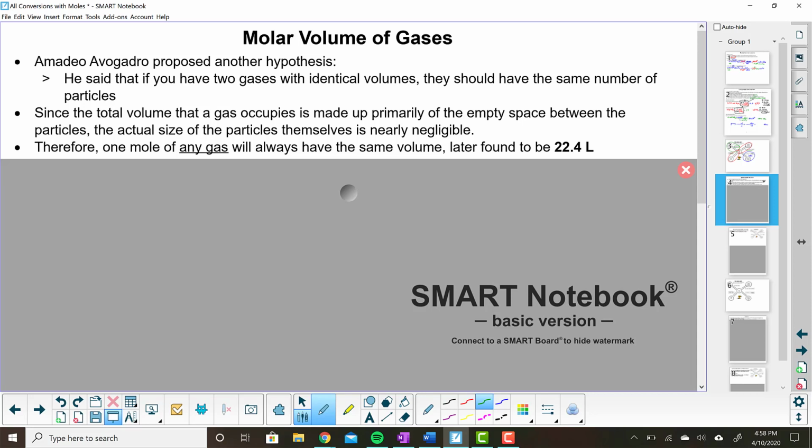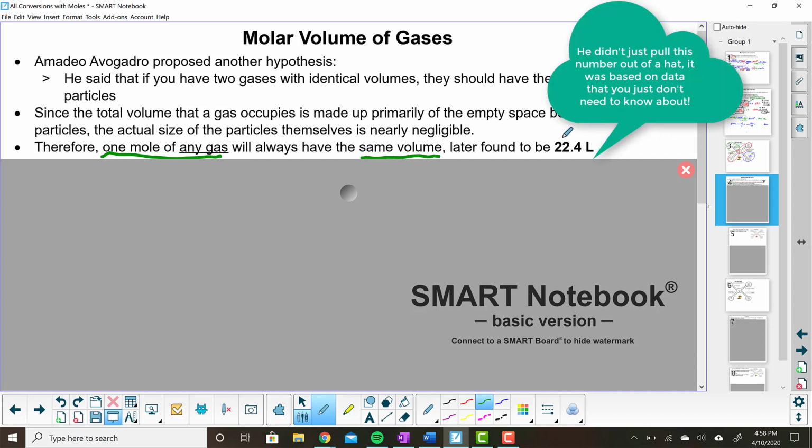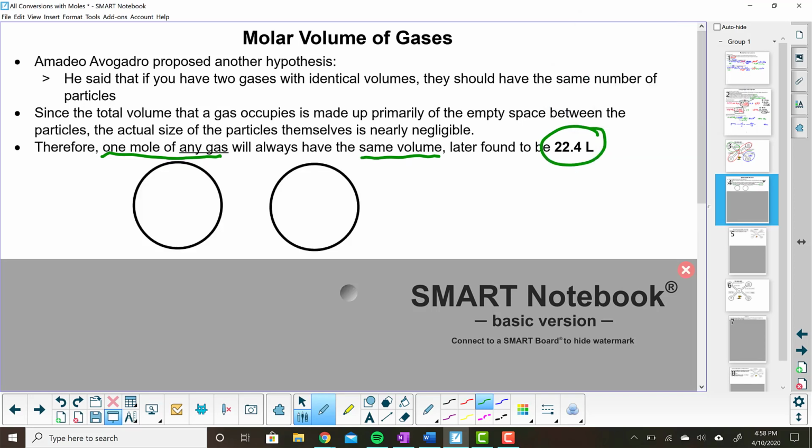He said that 1 mole of any gas will always have the same volume, and he said that volume was 22.4 liters. So essentially what he was saying is gas particles are so tiny and so far apart that it doesn't really matter how many particles you have in there. 1 mole is going to be the same size because you can just squish these particles a little bit closer together and they'll take up the same amount of space.